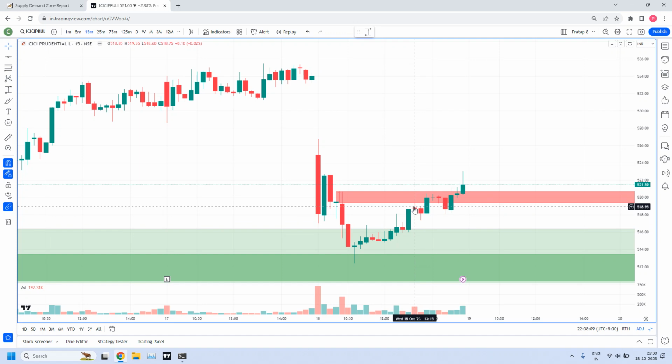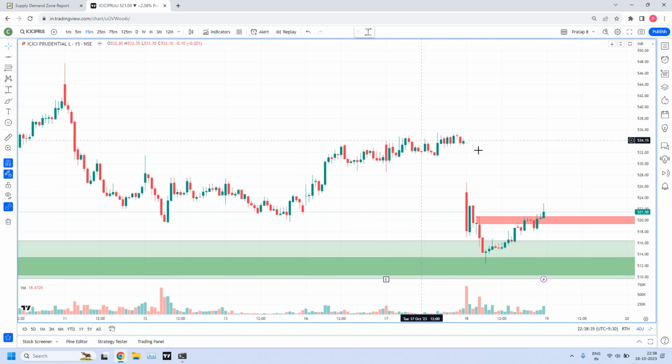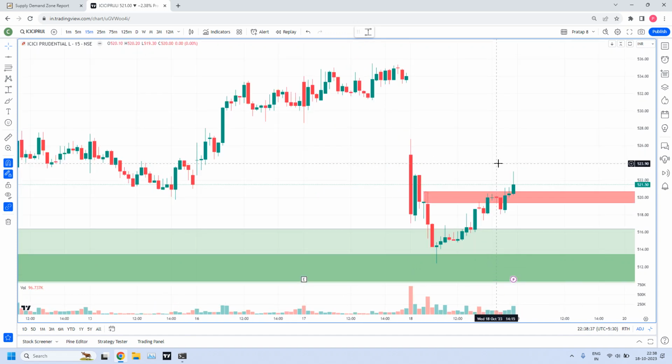And how much profit has it given? Rupees 8,925, which is a 5.8% return on the investment. Our average high liquidity zone return on investment is 6.1%, and this is close to that, 5.8%. So this is an excellent intraday trade.